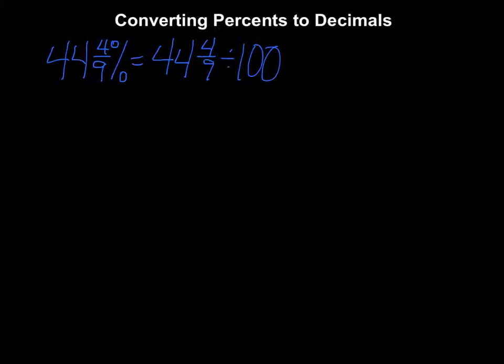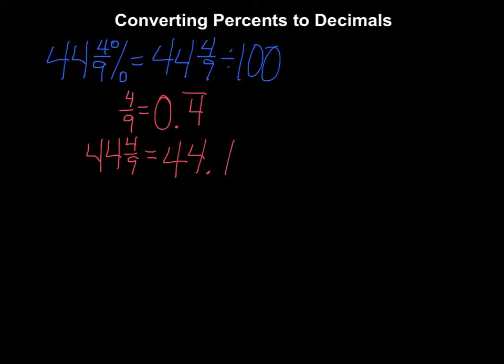But the complication comes in that if we go through the work, we'll discover that 4/9 is a repeating decimal, specifically 0.4 repeating. So that means that 44 and 4/9 is 44.4 repeating.